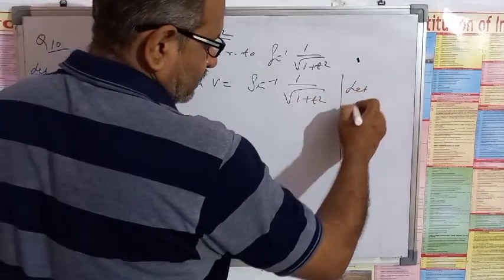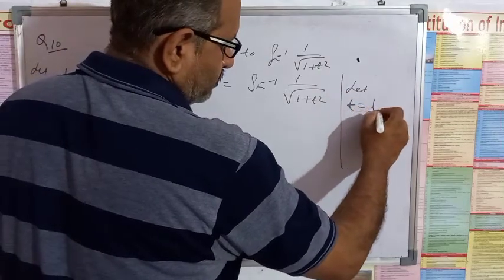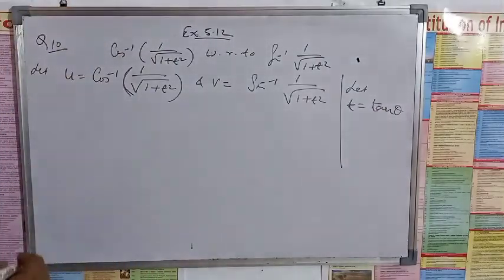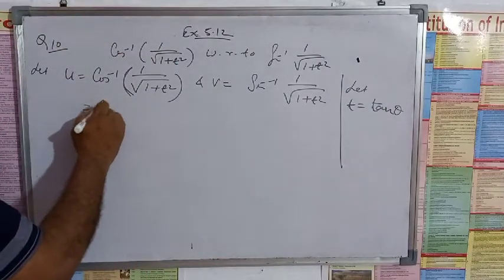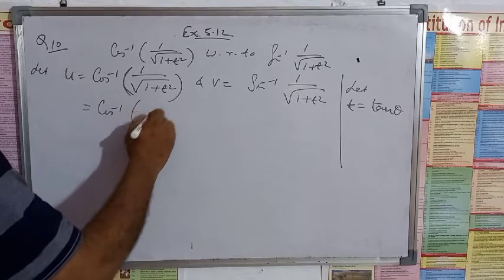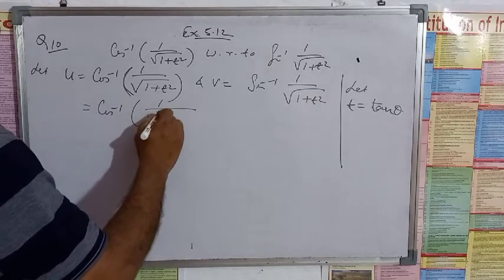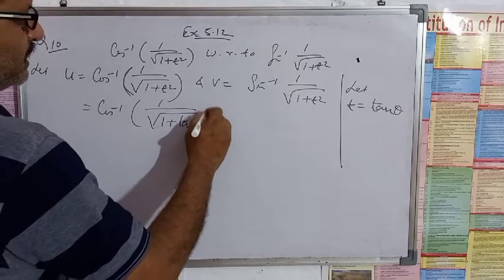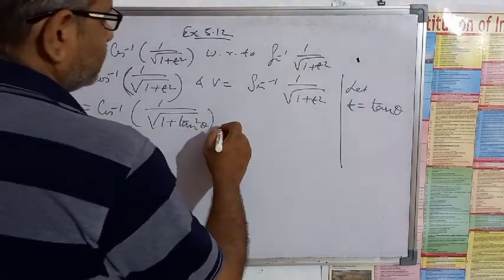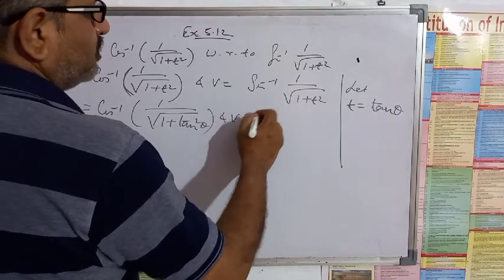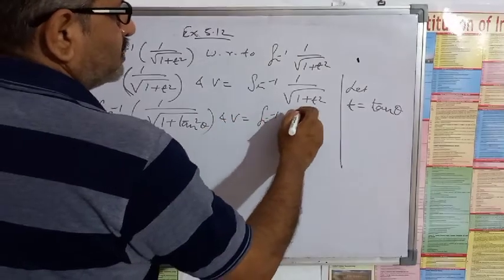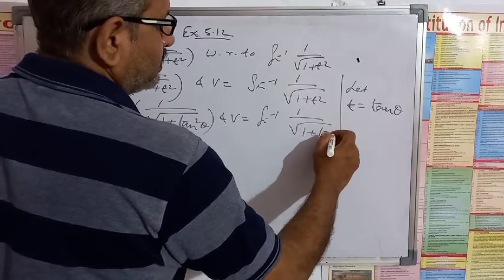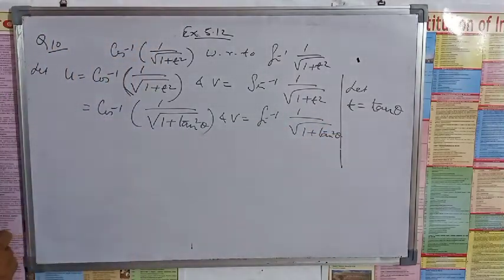Let t is equal to tan theta. So put here u is equal to cos inverse 1 by root 1 plus tan square theta, and v is equal to sine inverse 1 by root 1 plus tan square theta.